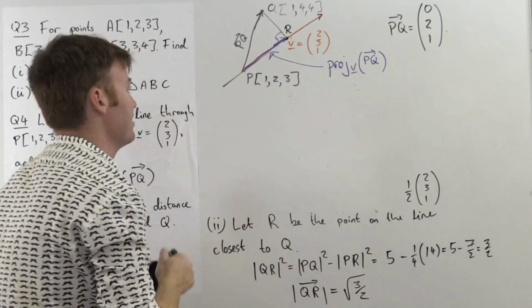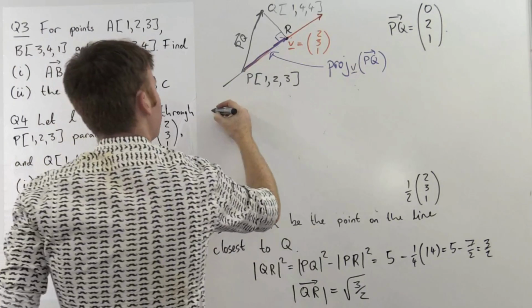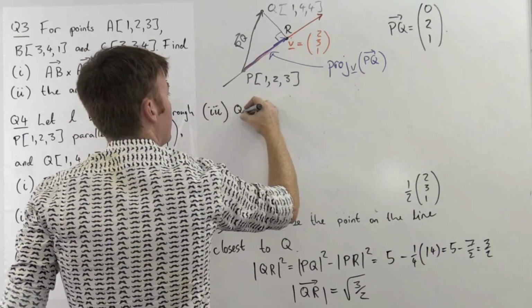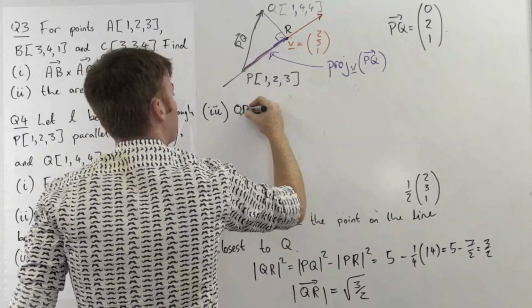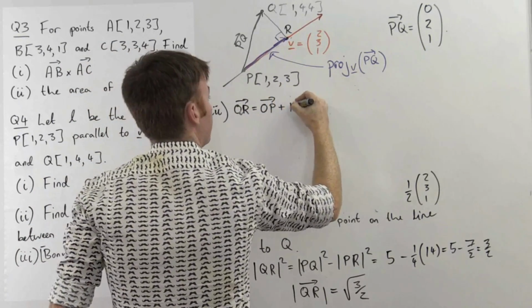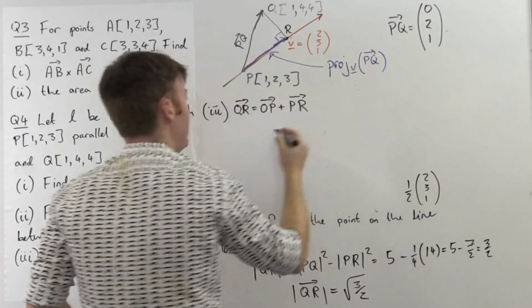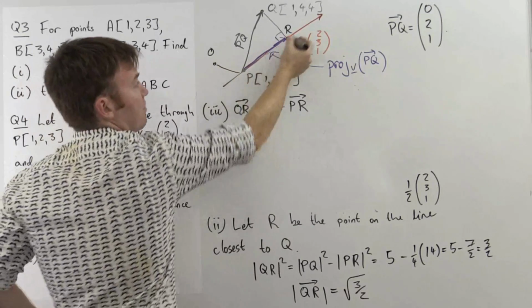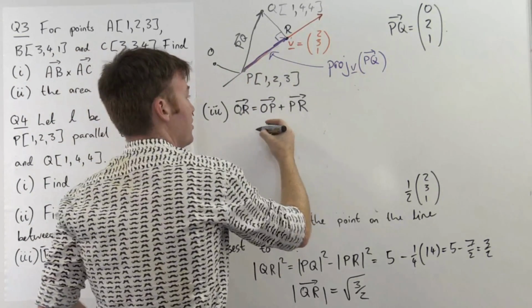Maybe I'll keep that there just in case I need it. So for question 3, OR is equal to OP plus PR. First I go from the origin, maybe there's an origin over here. I go from the origin to P and then P to R, and I know what all these objects are.